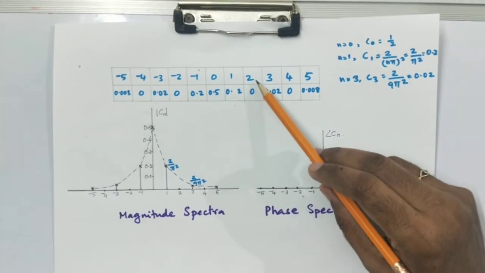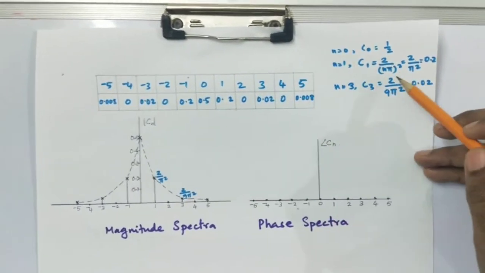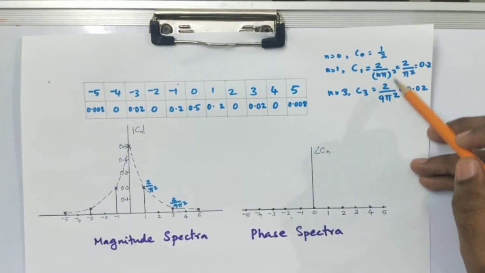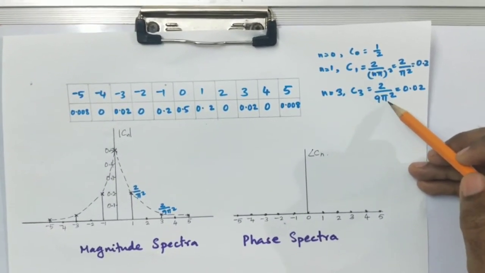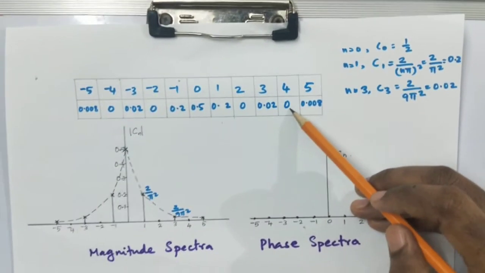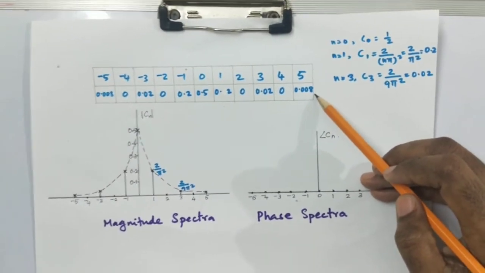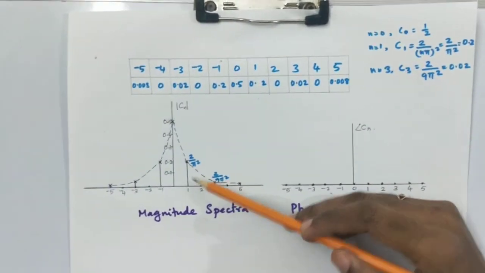And for n equal to 2 it is 0, and n equal to 3, that is 2 by nπ the whole square, that is 2 by 9π square, is equal to 0.02. And for 4 it is 0, and for 5 it will be 0.008. Now we can plot the magnitude spectra.